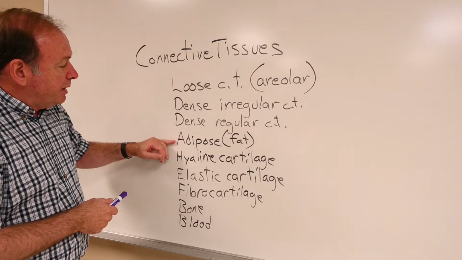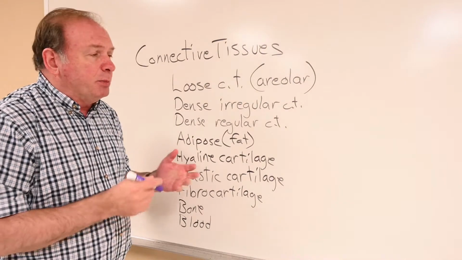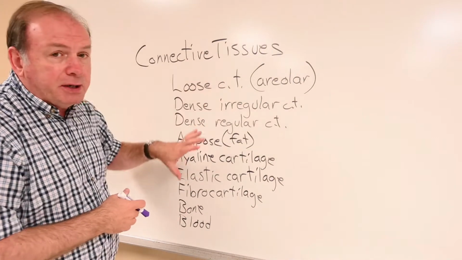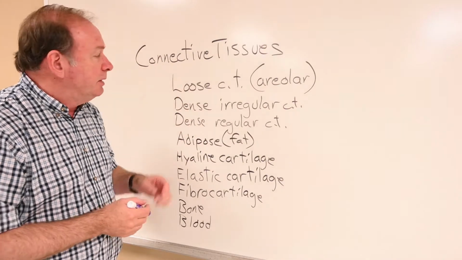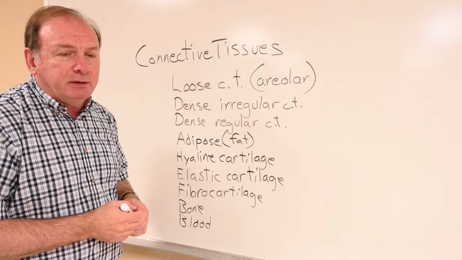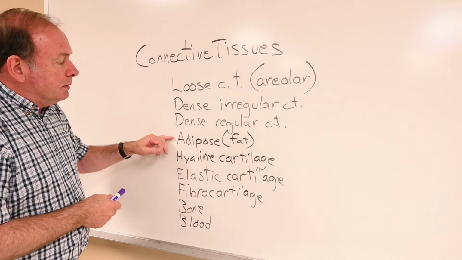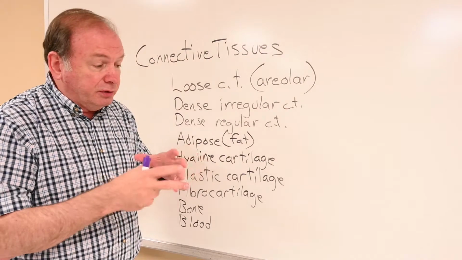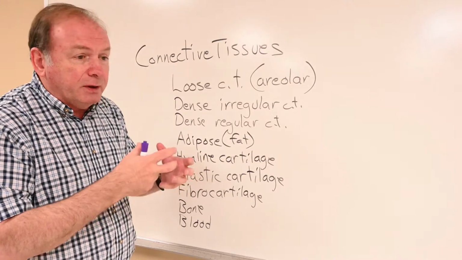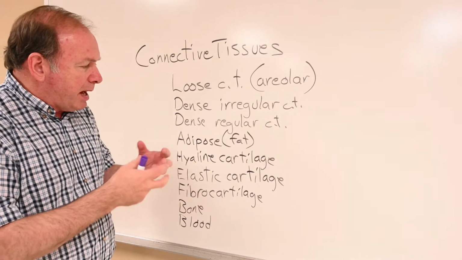The next term here, adipose, fat tissue, is going to be very different from these other types, but is usually found in association with these other types, with loose or dense irregular connective tissue in the body. These cells, the fat cells, are large cells that are filled with triglycerides for the most part, and they pack tightly together.